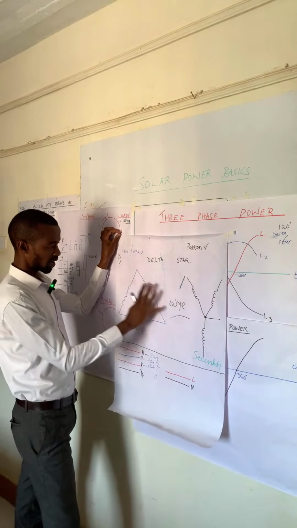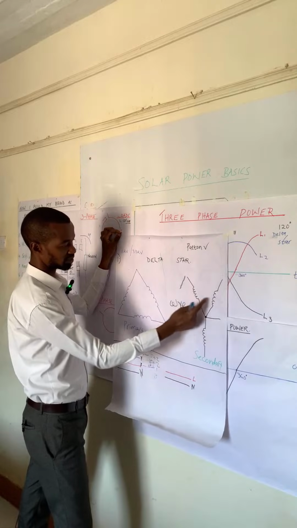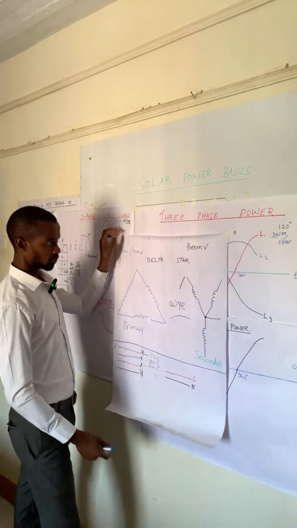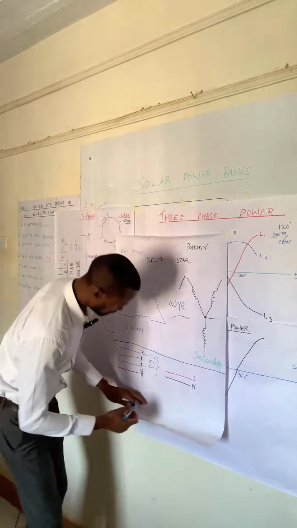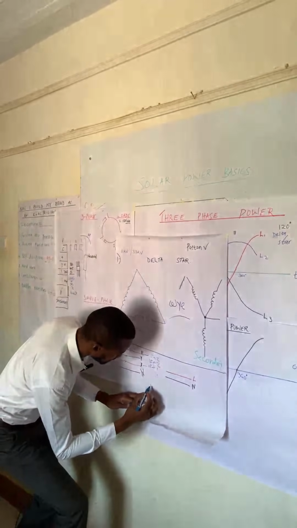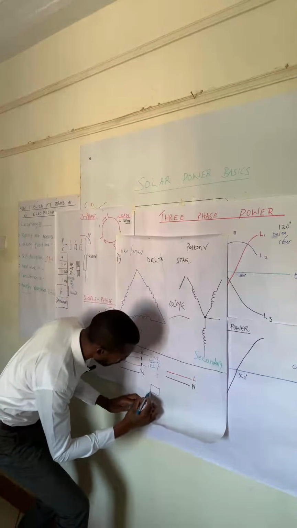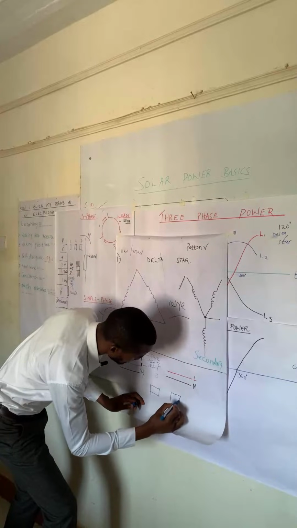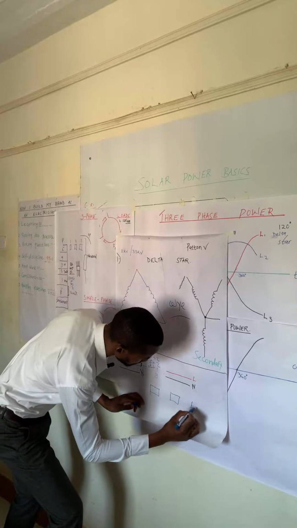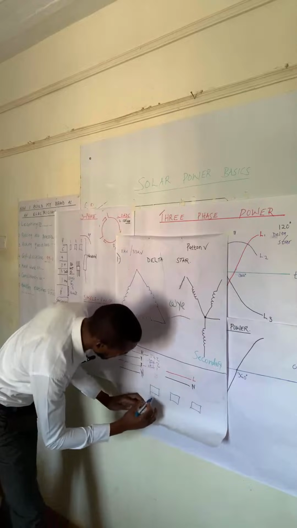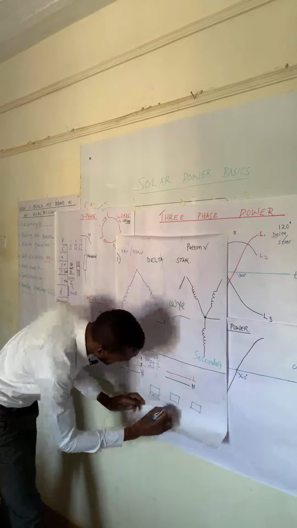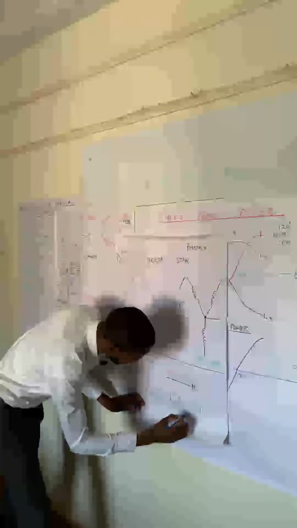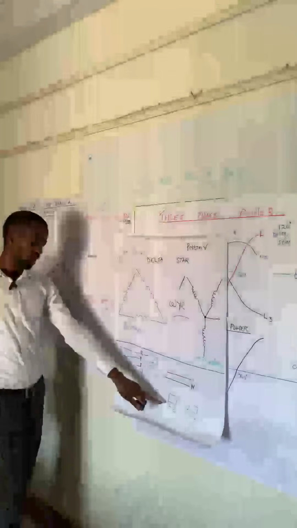At the transformer, we have this connection where we have the three phases. Now, we usually have the fuses at the exit of every phase, right? So assuming this is the L1, L2, and L3.